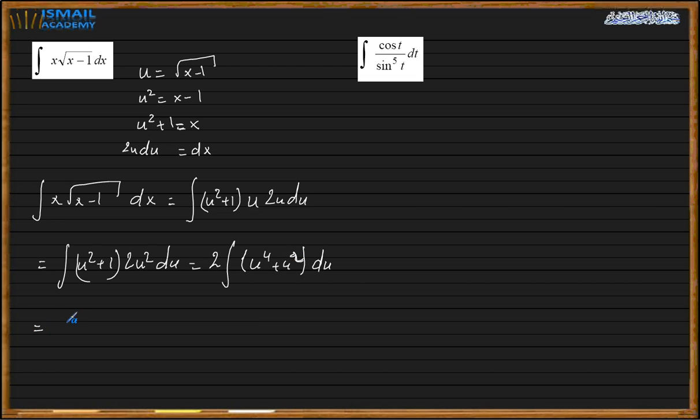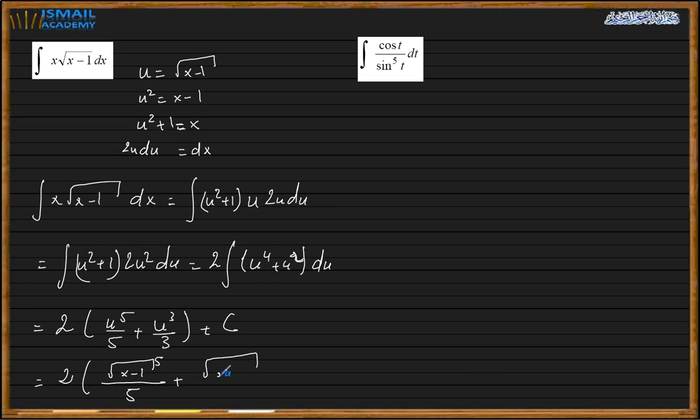Now I integrate: 2 times u to the 5 over 5 plus u cubed over 3 plus c. Then substitute back the original: 2 times the square root of x minus 1 to the power 5 over 5 plus the square root of x minus 1 to the power 3 over 3 plus c. You can distribute the 2 if you want.